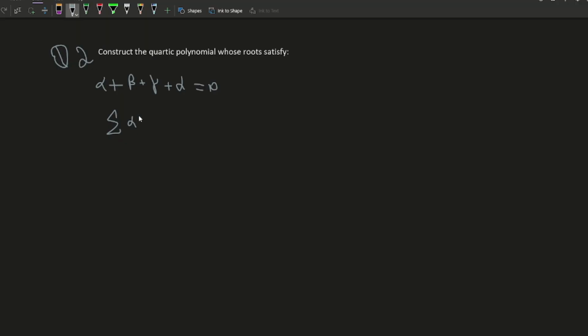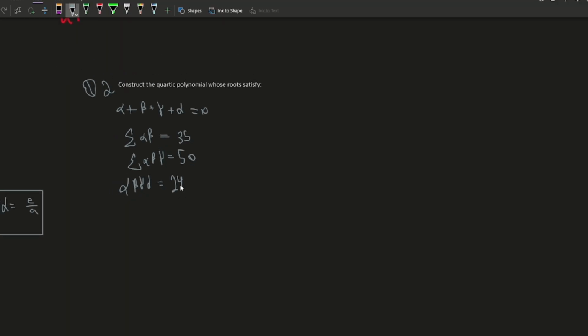Sigma alpha beta is equal to 35. Sigma alpha beta gamma is equal to 50. And alpha beta gamma delta is equal to 24. Now using this, we have to construct a quartic polynomial.